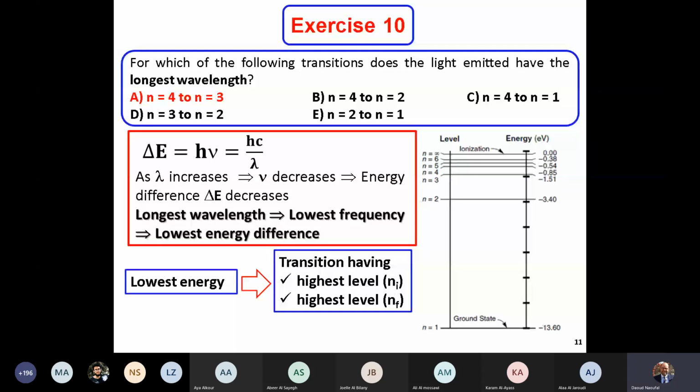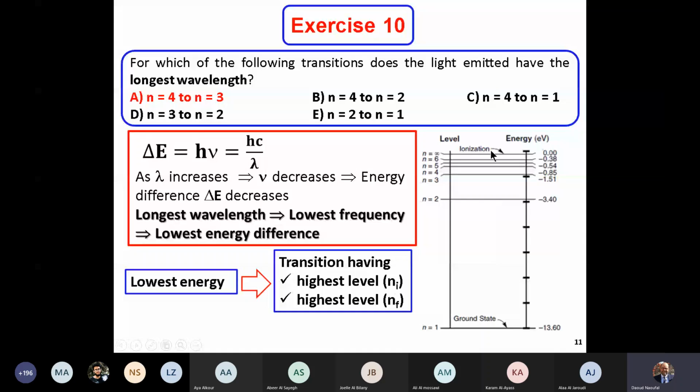So do we have another way of thinking? We have to know that the energy levels for hydrogen are given in the following order. The greatest difference is between 1 and 2.